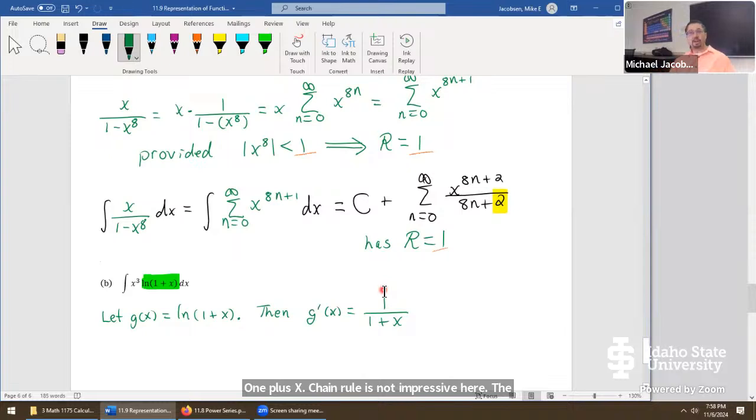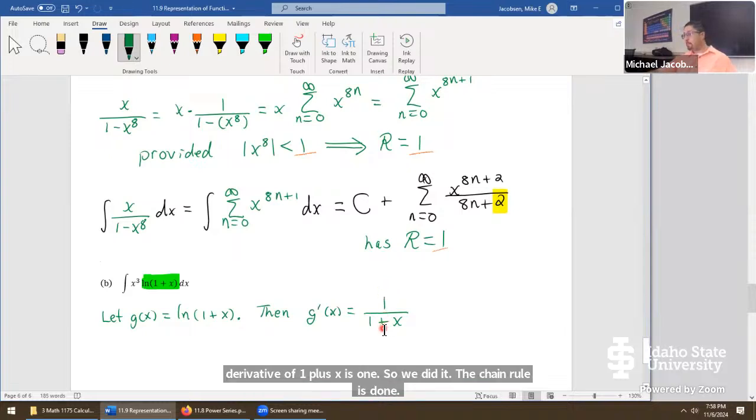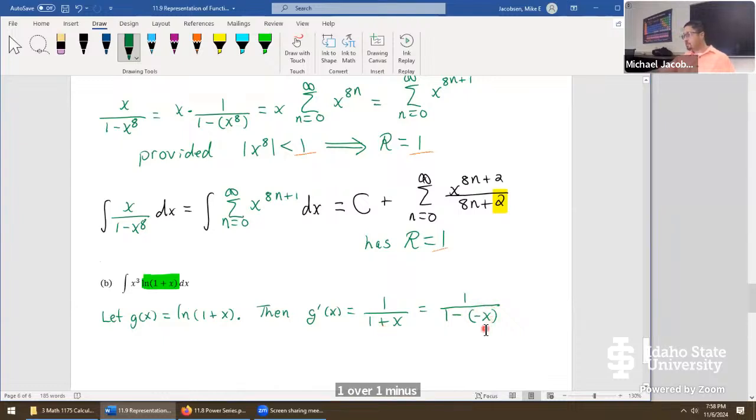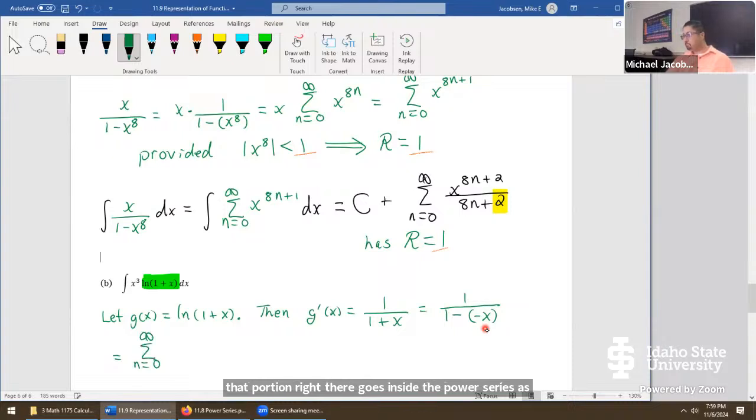This is not totally in the right format. We need minus right by the red dot. So let's change this algebraically to 1 over 1 minus negative x. So that portion right there goes inside the power series as summation from 0 to infinity, negative x power n.